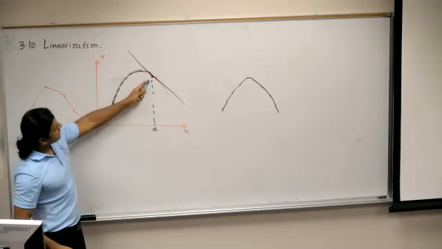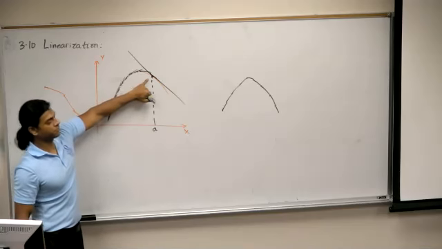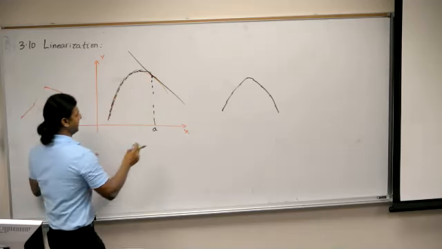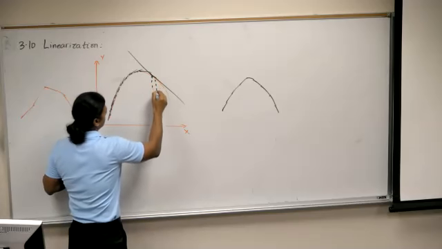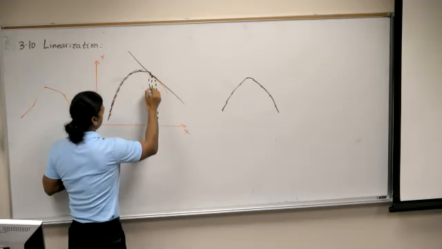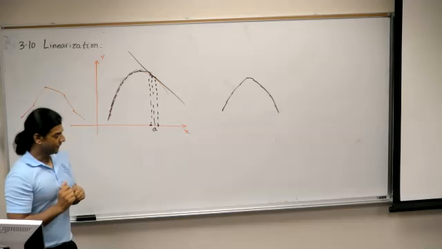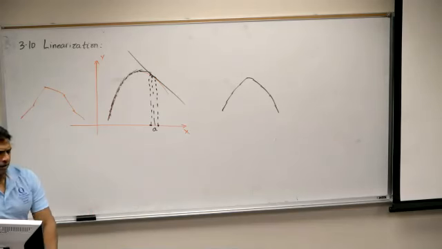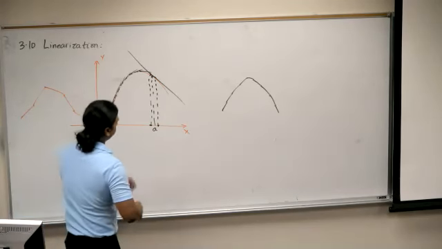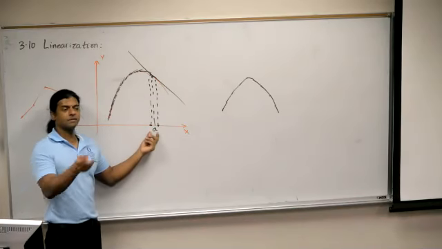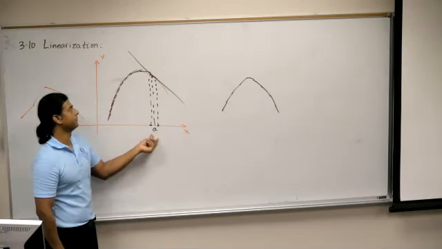So whatever approximation that you make at that point is a good approximation as long as you are very close to A. By very close, I mean very close: 0.1, 0.01. Of course, it would depend on the curve that we're dealing with.